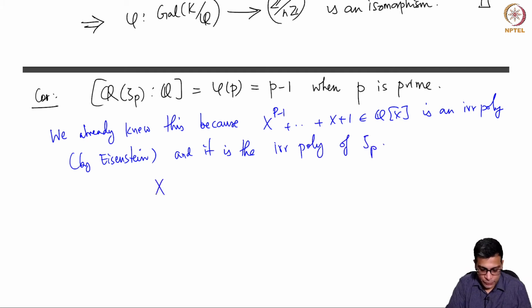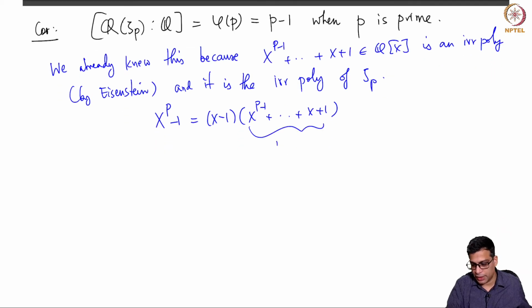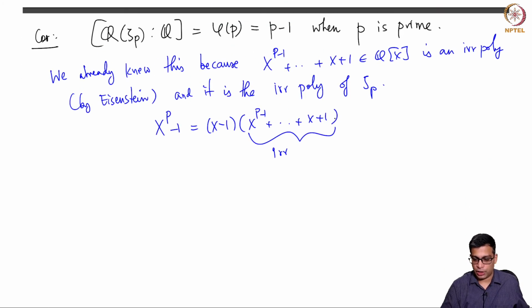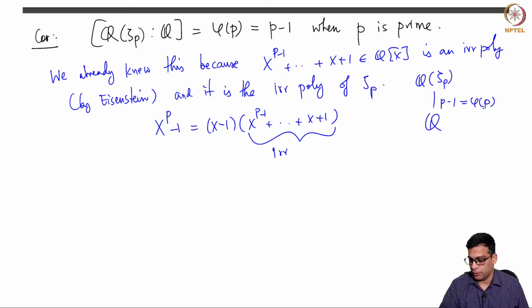Because zeta p satisfies this polynomial which factors like this, and this is irreducible. So in other words, the degree of Q(zeta p) over Q is p minus 1, which of course agrees with phi of p.